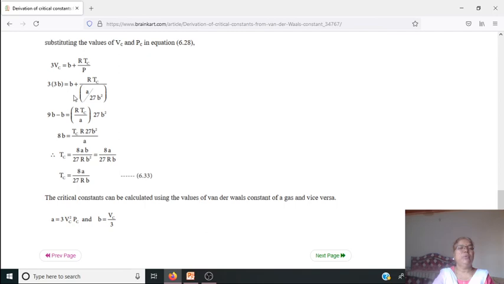It is equal to RTc by A into 27B square. This is our numerator, and here divided by A as it is.